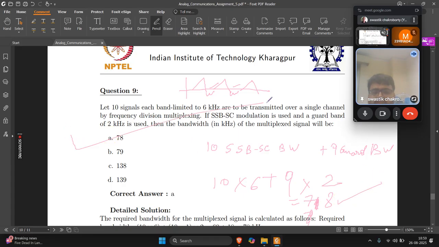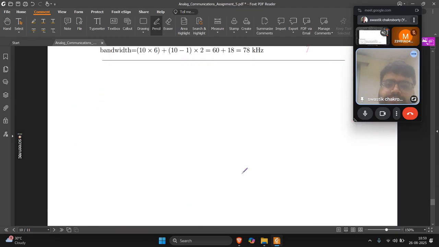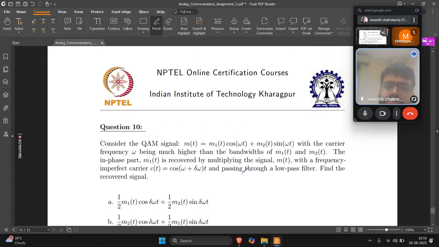Since there are 10 SSB-SC signals, each band limited to 6 kHz, and you have 2 kHz of guard band in between, 10 into 6 plus 9 into 2 is 78.